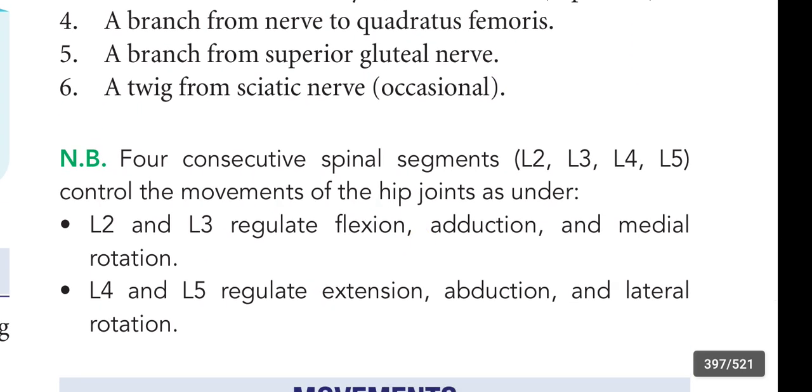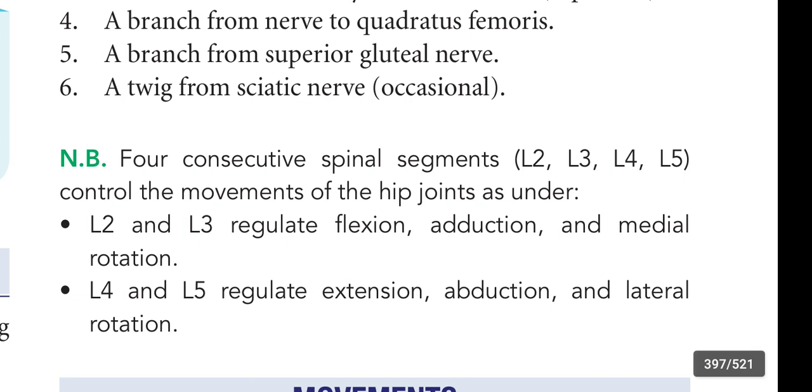Next, note: four consecutive spinal segments, L2, L3, L4 and L5, control the movements of the hip joint as under. L2, L3 regulate flexion, adduction and medial rotation.